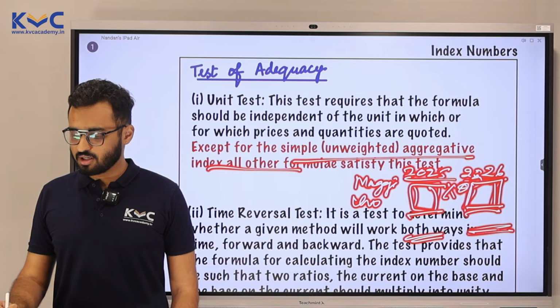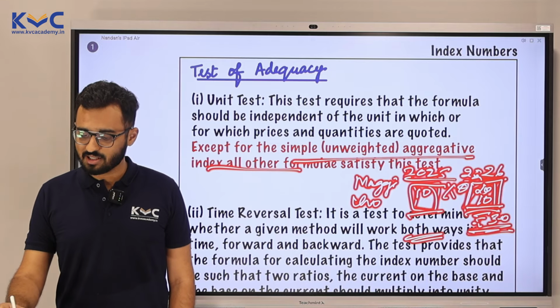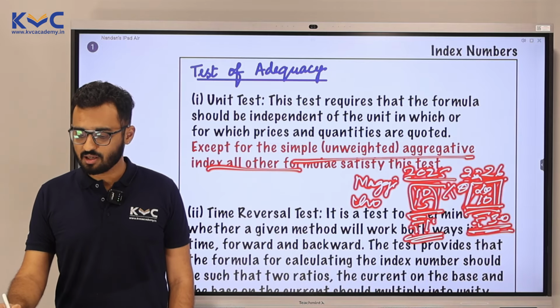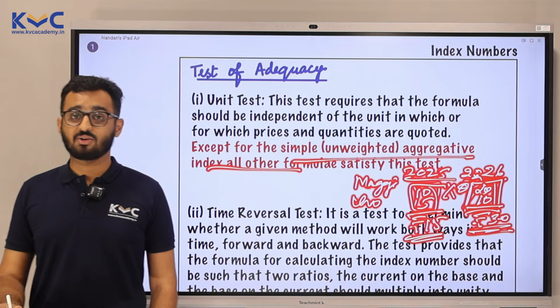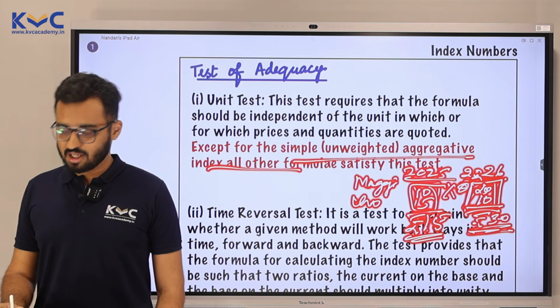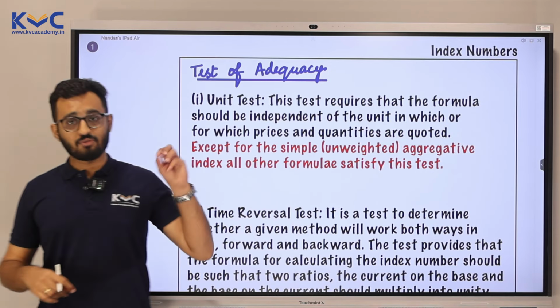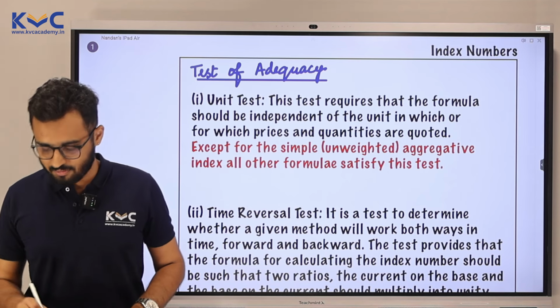Here also I will total up and the answer is rupees, correct? Let's say Maggie is 20 and chocolate is 10. This will be rupees 30. Here also it will be, for example, 10 and 5, rupees 15. So my index number or the calculations that I'm going to take will remain to be rupees only, right? That means it is not independent of unit. Unit is going to stay back in the formula.